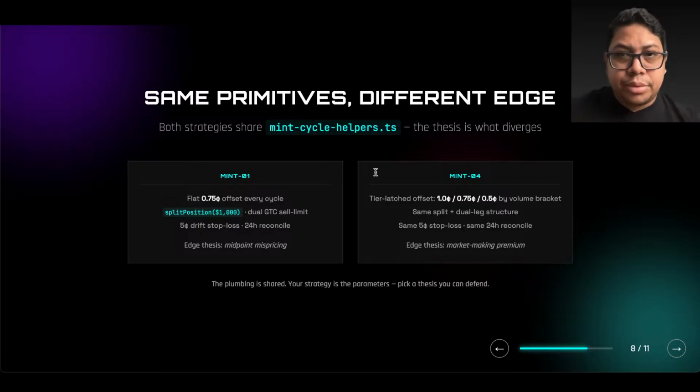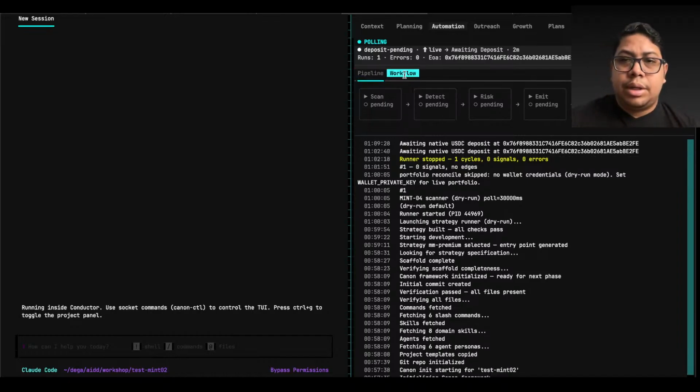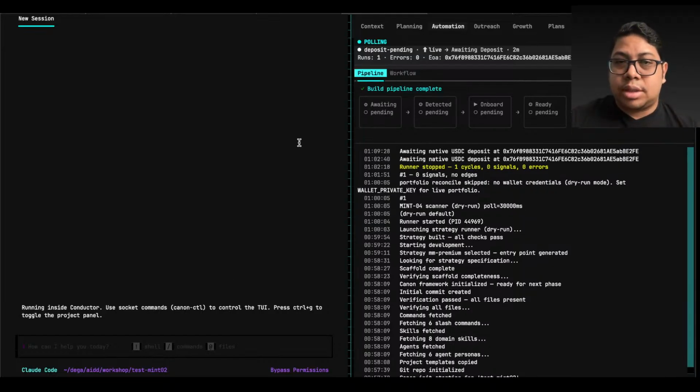All right, yeah, we're going to continue watching the pre-build, right? Okay, so at this point, if I run it live, it's going to start and run this flow, and then we have the flow that is actually for the strategy, right? So this is scanning, detecting risk, emitting the action, or logging the decisions. And the pipeline is what is actually going on here as a whole system.